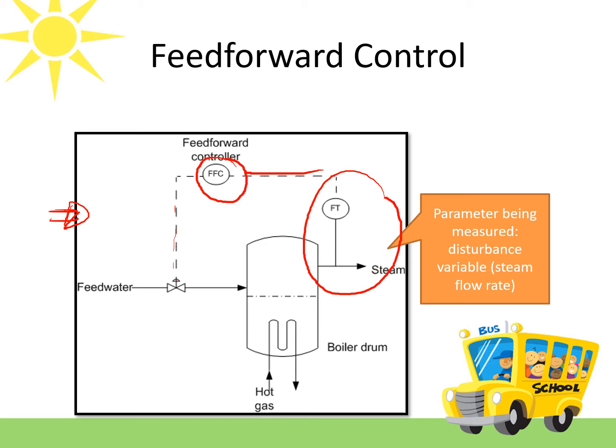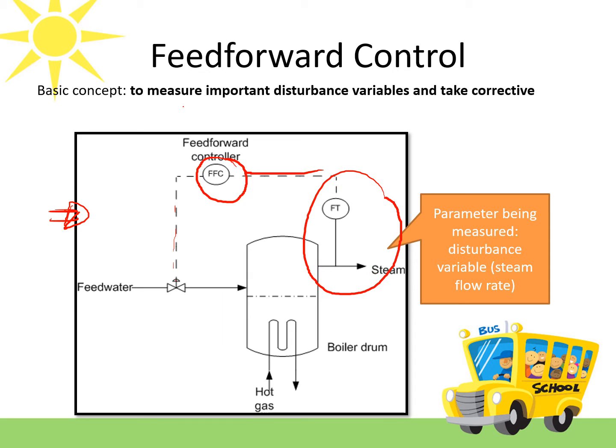So this is an example of feed-forward control, right? The basic concept of feed-forward control is to measure the important disturbance variable and take a corrective action before they upset the process, or before they disturb the process.